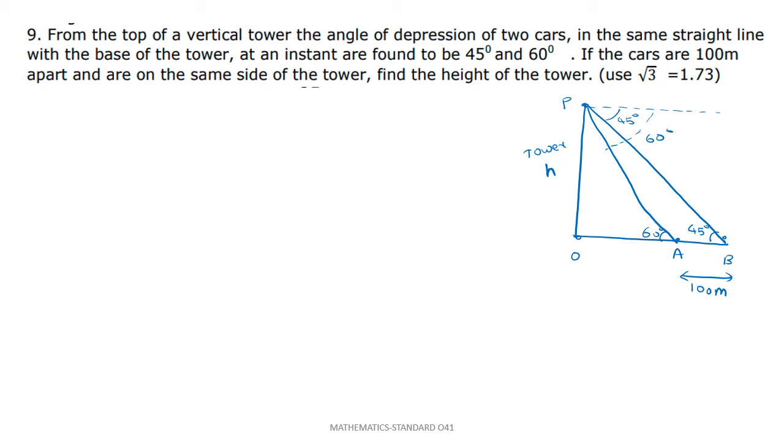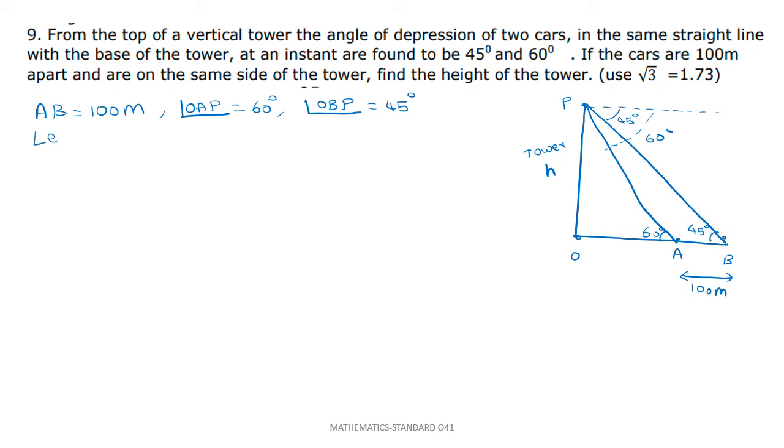So now just write the given values. What is given? AB is 100 meters, angle OAP is 60 degrees and angle OBP is 45 degrees.